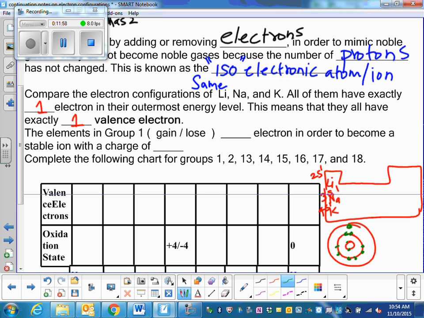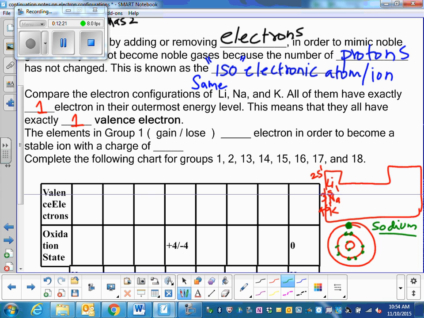Right now, how many does it have? This is sodium, not oxygen. I moved on to the element sodium. So sodium has how many in its outermost shell? 1. What do you think is easy for sodium to do? Is it easier for it to lose 1 or gain 7?